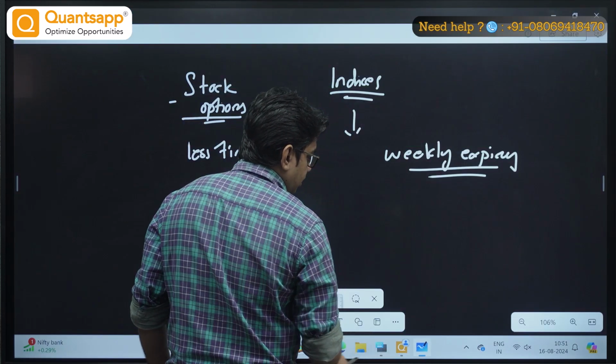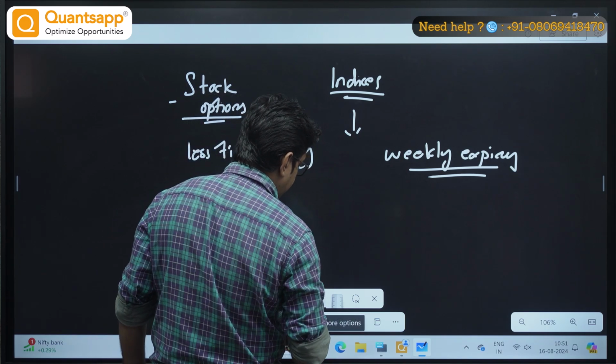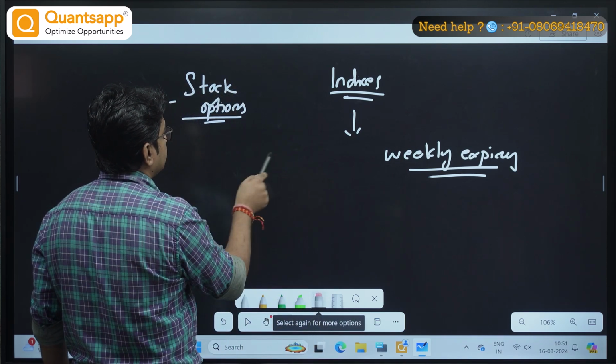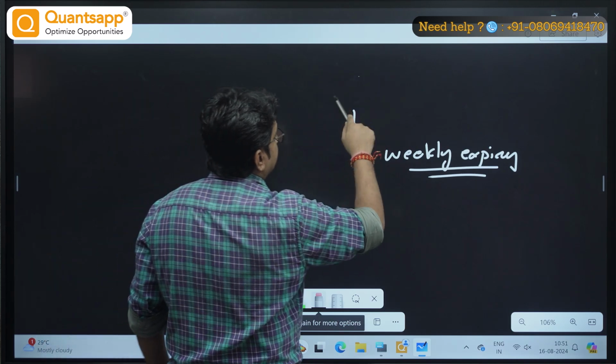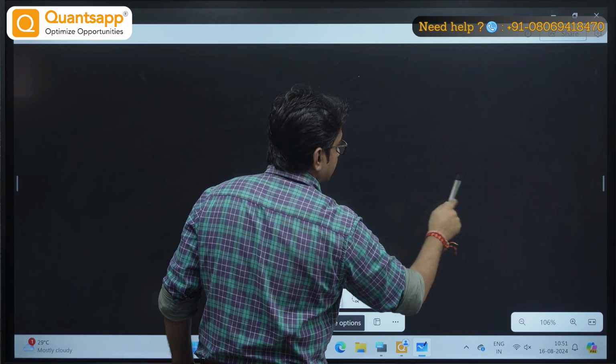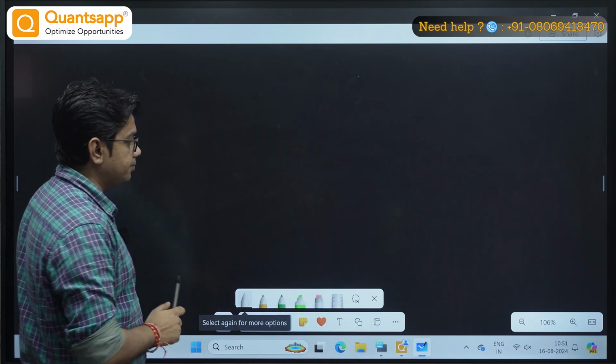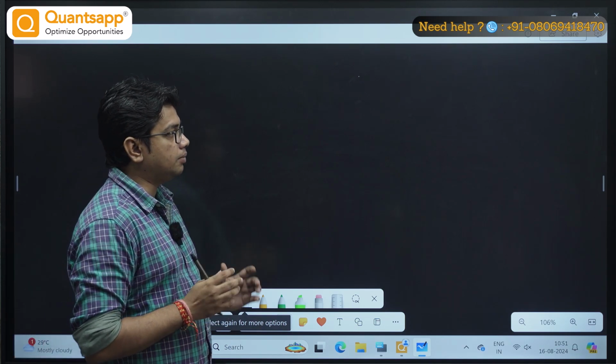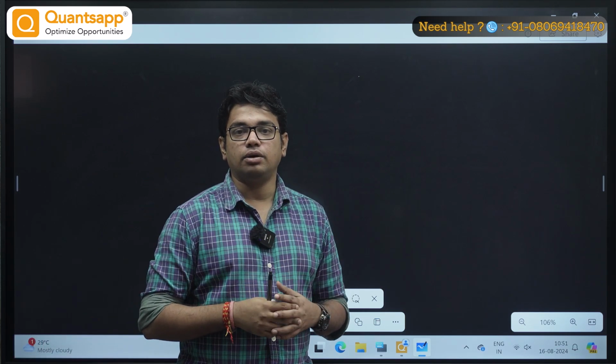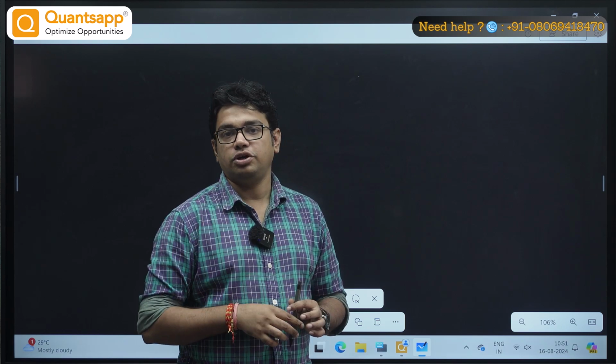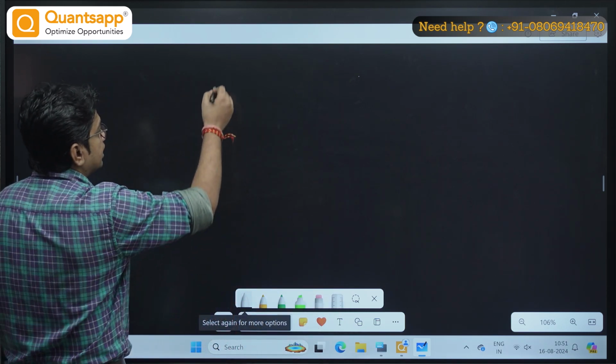I'll show how I am going to take the trade, how I can manage my risks, and how I can become profitable. I am going to use data which is happening at the real point of time, real time data.